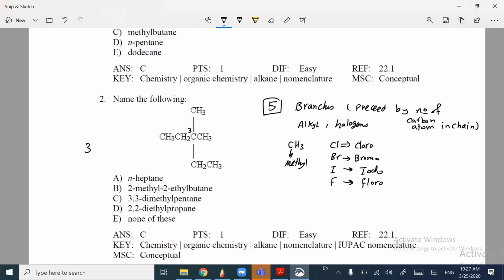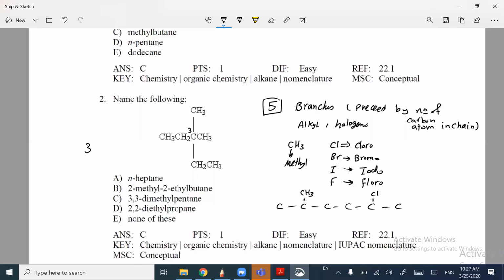For the halogens or the other branches, which one takes the number first? If we have the longest carbon chain, C, C, C, and C, C, C, we'll find a chloro and we'll find a methyl.